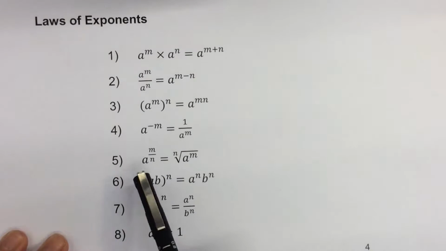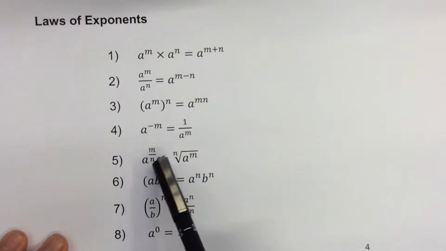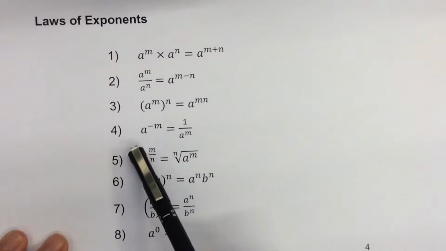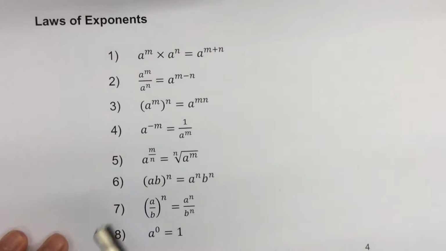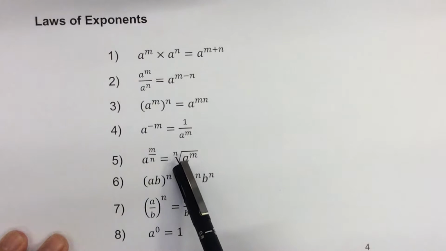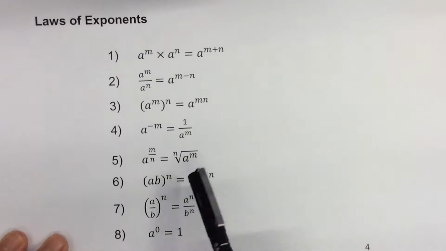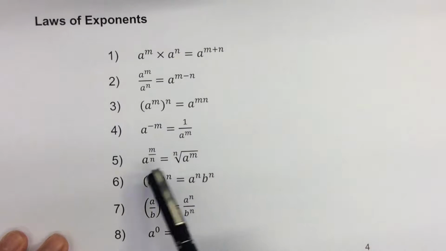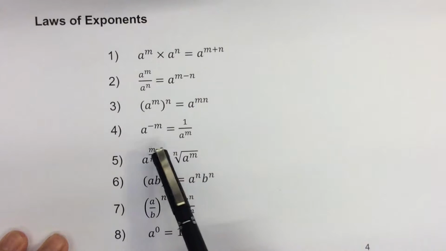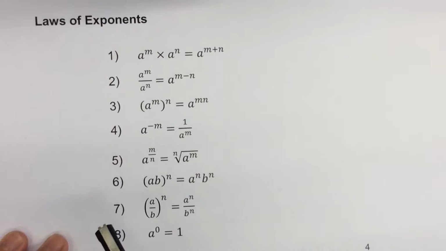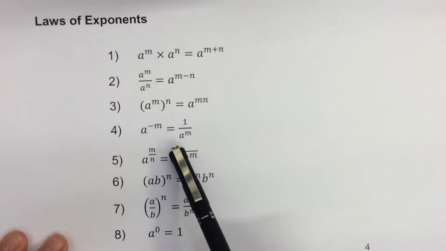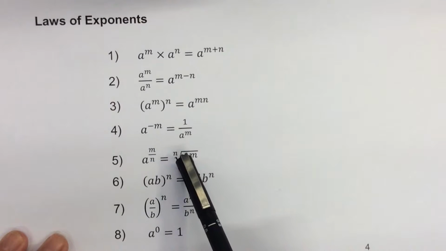Next, fractional powers. If we have something to a rational fractional power, then the result would be: we draw a root sign, and under the root we have the base to the power of whatever we have in the numerator, and the root would be the nth root, so here we write whatever we have in the denominator.